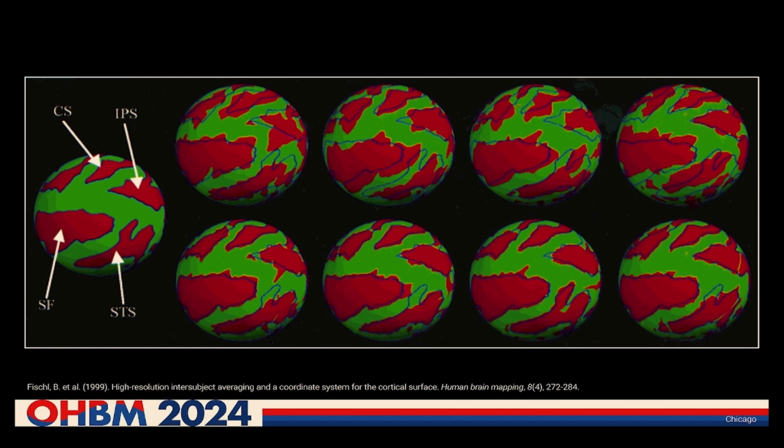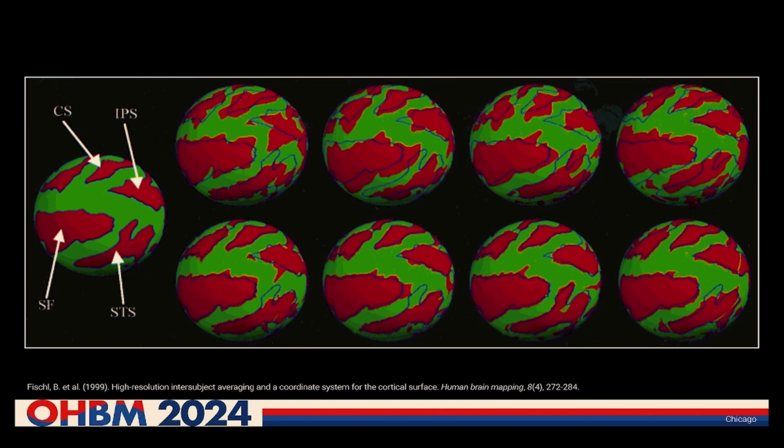Matt's already talked about FreeSurfer, developed by Bruce Fischl in the late 90s, early 2000s. And FreeSurfer uses different cortical folding patterns. So these are very easy to obtain simply by passing your volumetric images through FreeSurfer.